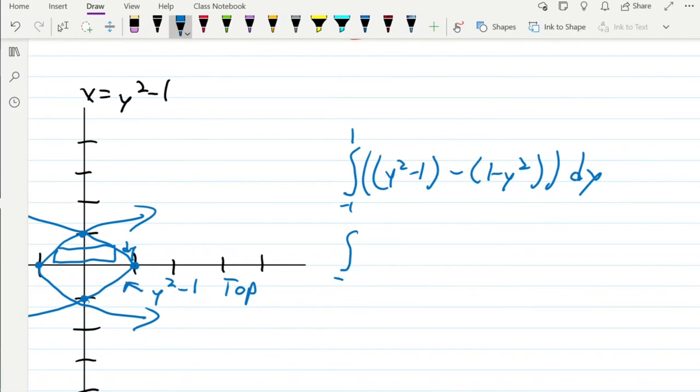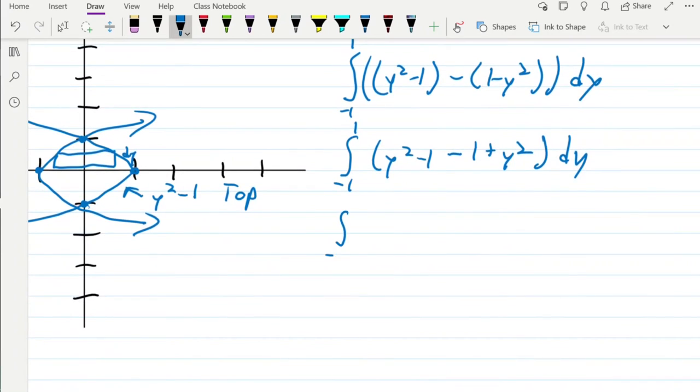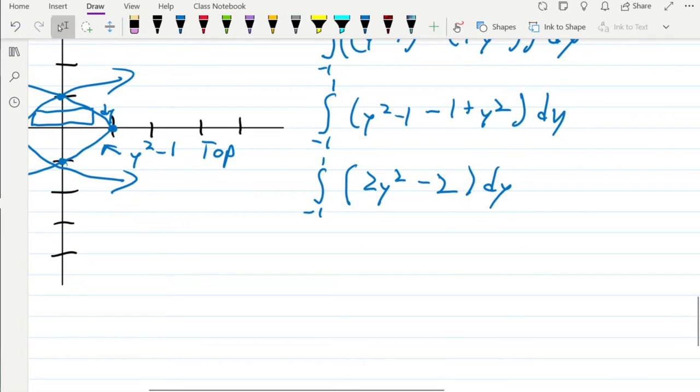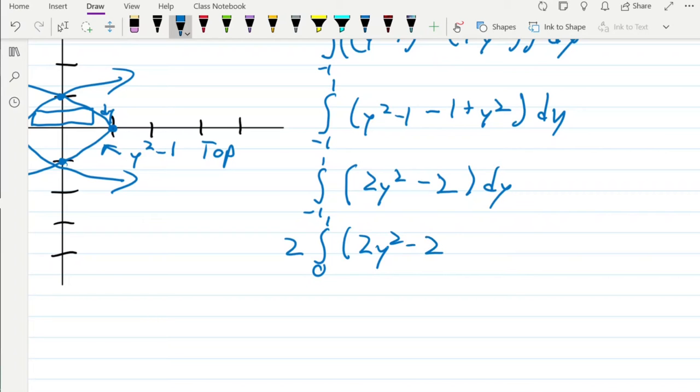So from negative 1 to 1, y squared minus 1 minus 1 plus y squared dy. So we're going to get the integral from negative 1 to 1 of 2y squared minus 2 dy. And then it is an even function, so we could take a 2 out to the front, and take from 0 to 1 of 2y squared minus 2 dy.